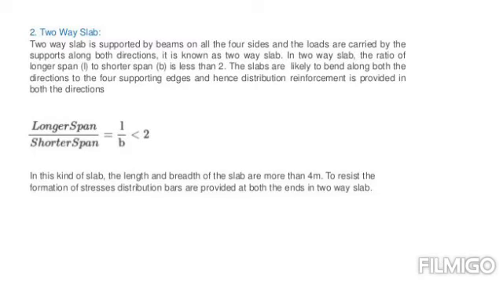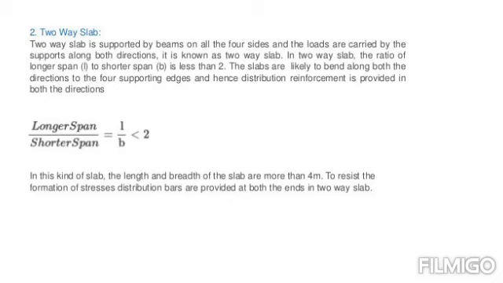Two-way slab. The two-way slabs are supported by beams on all the four sides and the loads are carried by the supports along both the directions. It is known as a two-way slab. In two-way slab, the ratio of longer span to the shorter span is always less than 2.